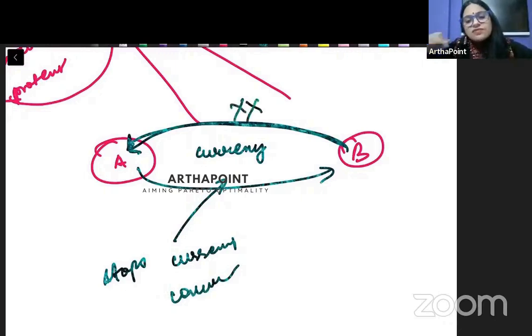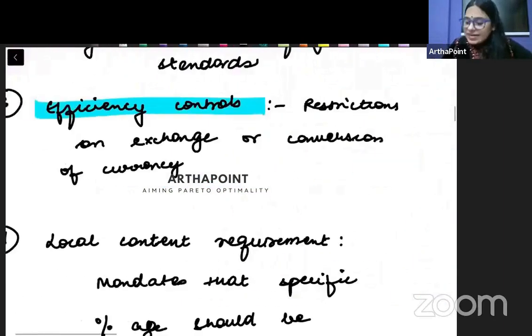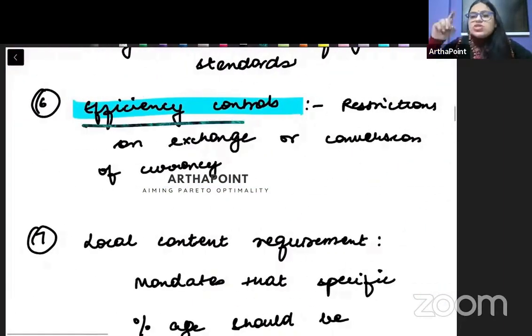There will be no imports because there is no conversion of the currency taking place. That is called your restriction. You are restricting the currency conversions.